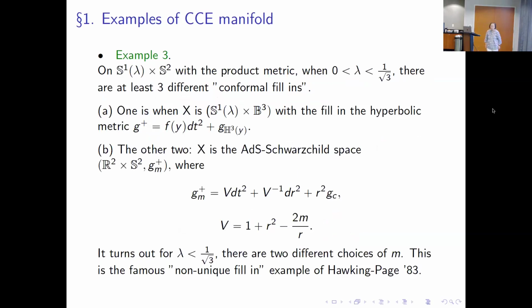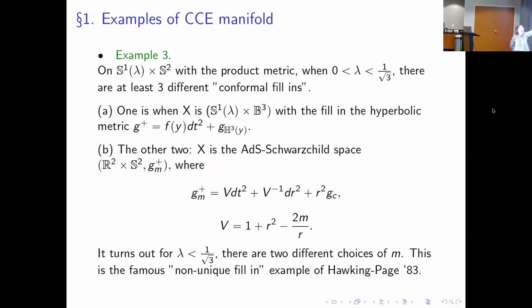And actually, there's a very interesting and important example, and that's the case when your boundary is S^1 cross S^2. It could be S^1 of length lambda cross S^2. In this case, it turns out, depending on the size of lambda, there exist at least three different types of filling-in.